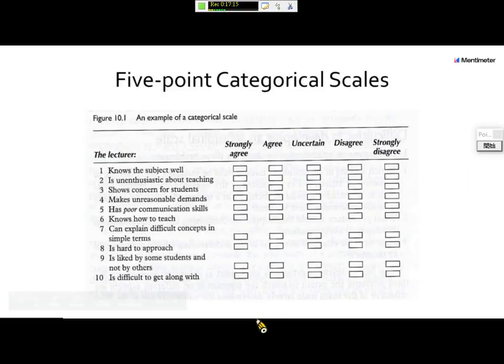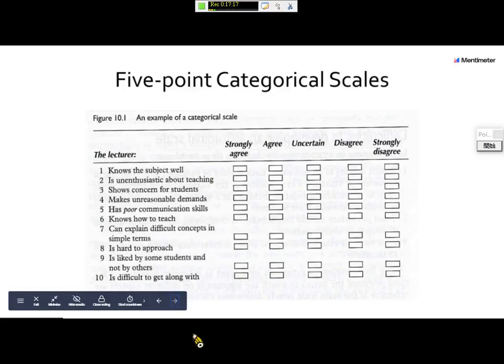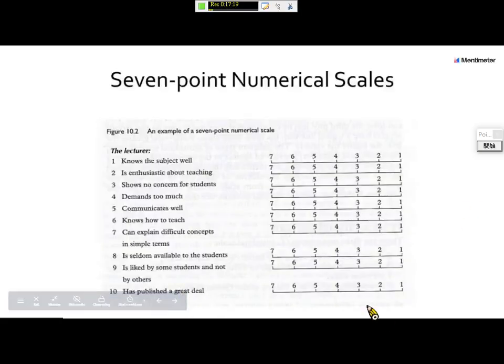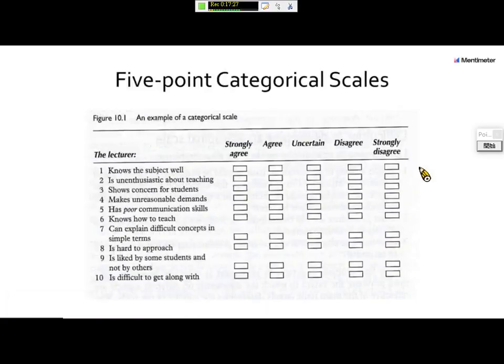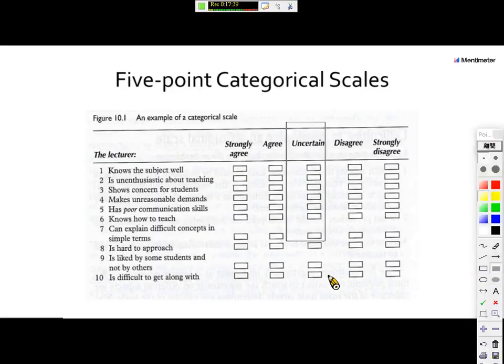This is 7, and this is 5 items. And when we use 5 or 7 items, the middle one, do you see this one? The middle one should be neutral.